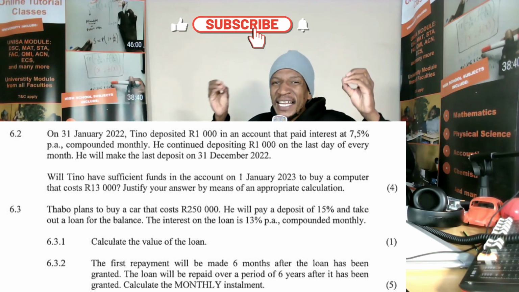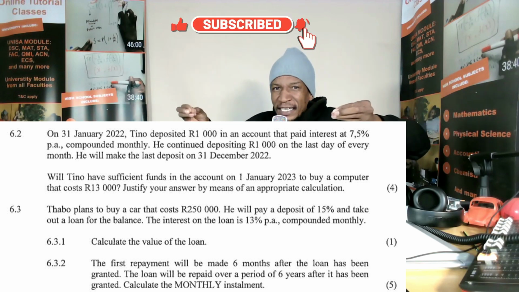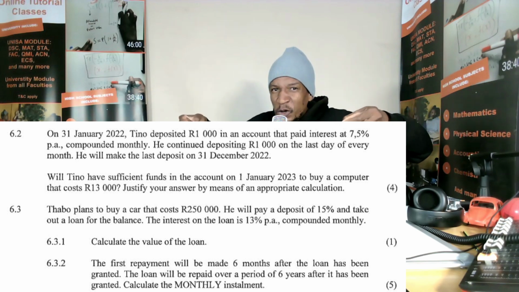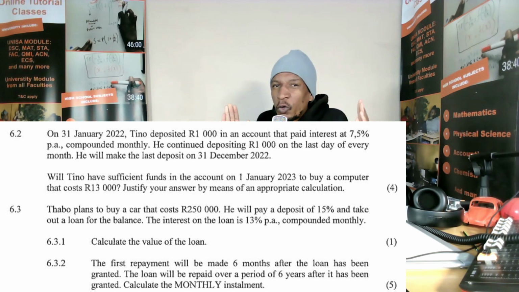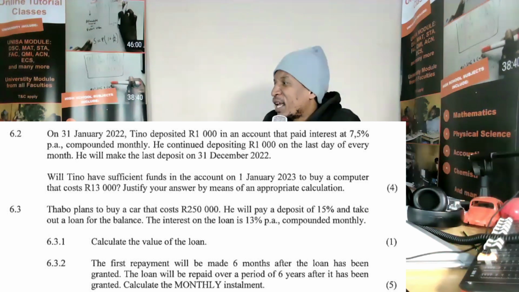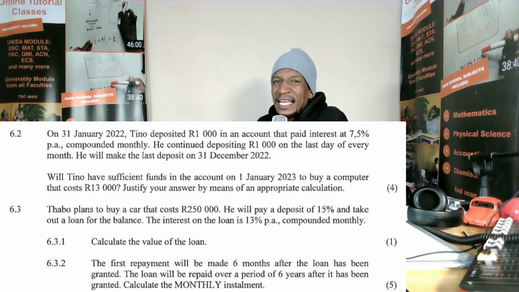However, he can manage to pay 15% of the 250,000, and then he will take a loan for the remaining balance after he has paid the 15% deposit. And the interest on the loan is 13% per annum, compounded monthly.